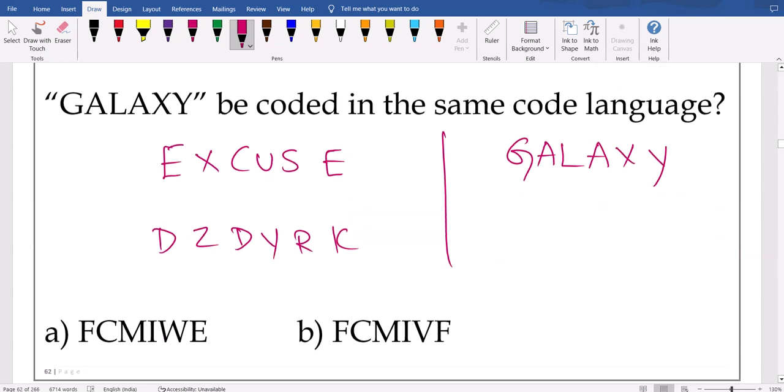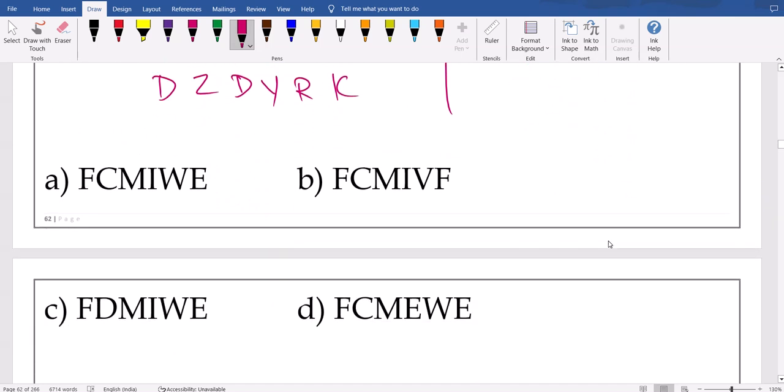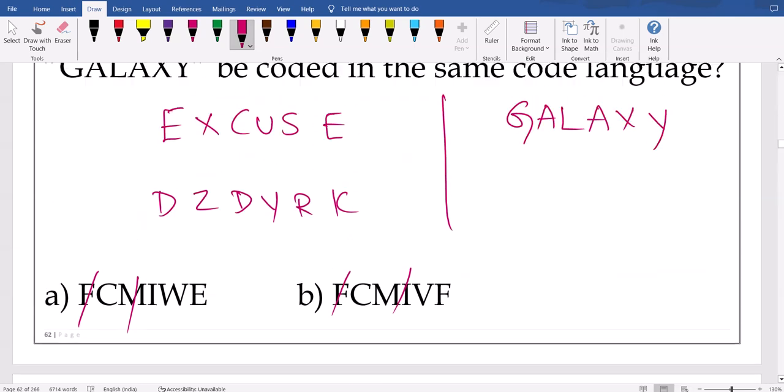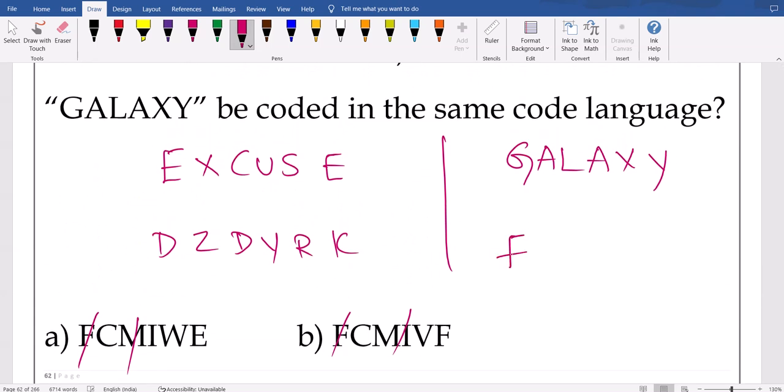If you observe, every option starts with F. The third letter is also M in every option. That's fixed, so I'll put the first letter and third letter, which are already fixed in the options, for better clarity while solving the question.